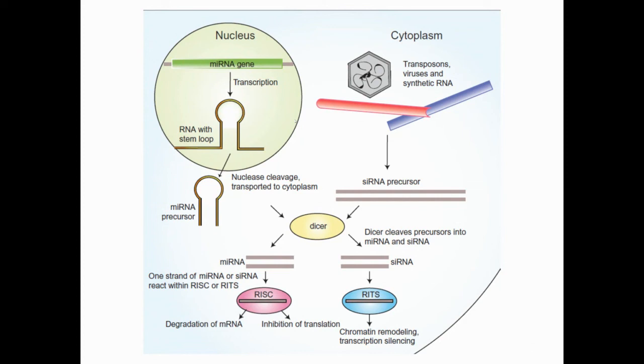through association with a different complex we call RITS. The RITS complex is called the RNA-induced initiation of transcription silencing complex. Basically, the antisense RNA strand within RITS targets the complex to a specific gene promoter or large region of chromatin.